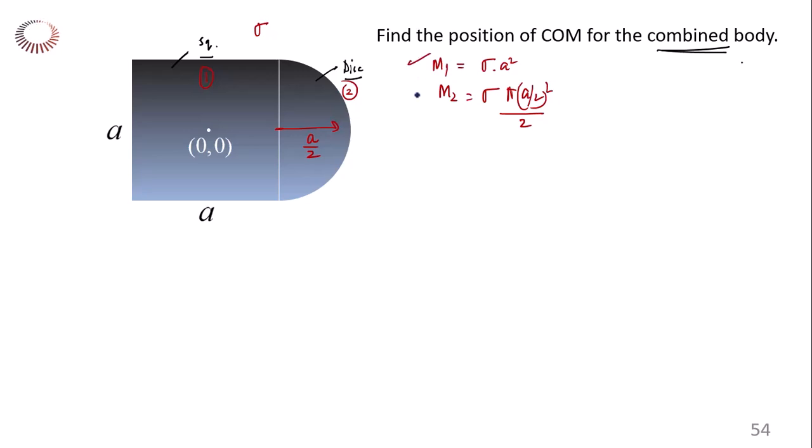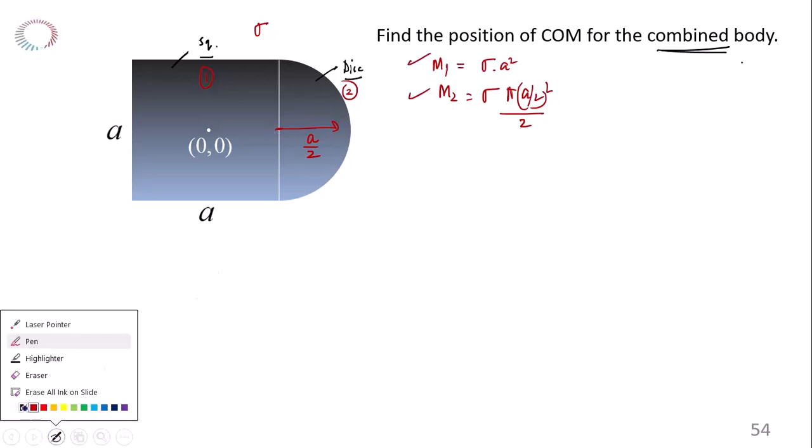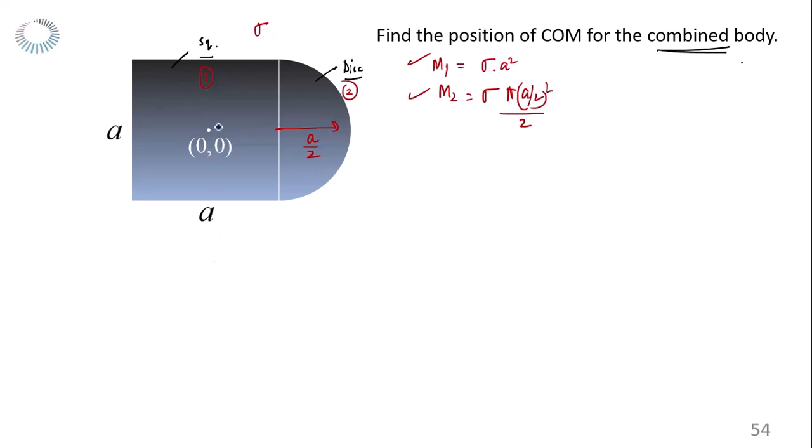Once I calculate m1 and m2, I can say that the mass calculated for the square plate should be at the origin over here. And for this geometry, it should be at a distance of 4r by 3 pi. Center of mass for this geometry is at a distance of 4r by 3 pi from this vertical line.